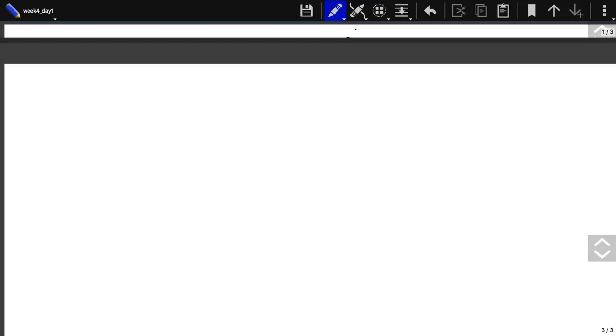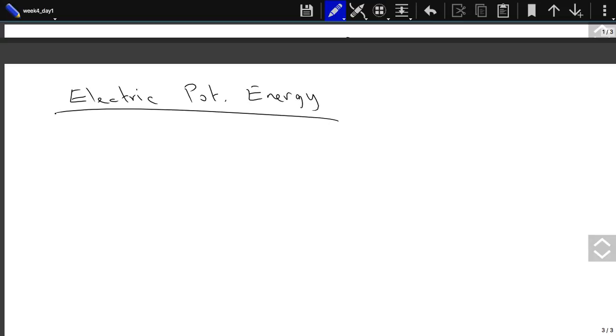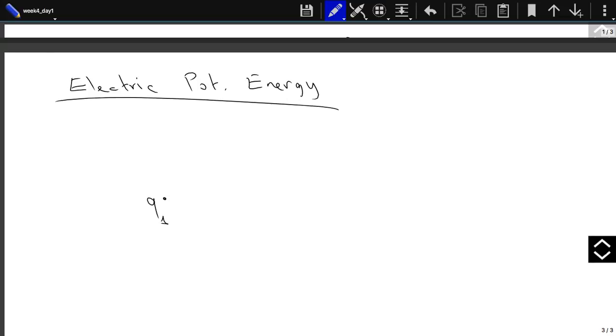Okay, now let's apply those principles of the potential energy to the electric force. Let's first assume that we have a single charge, Q1.